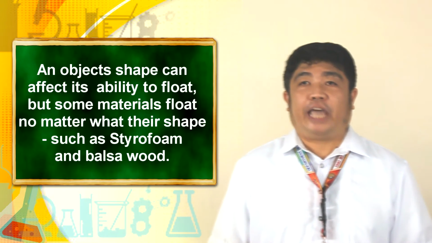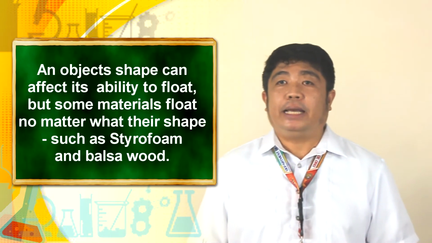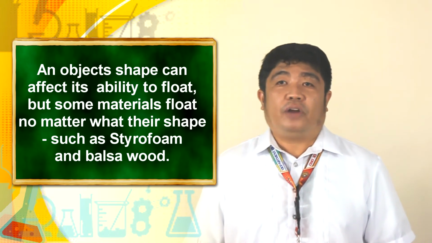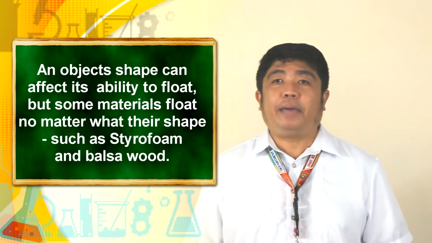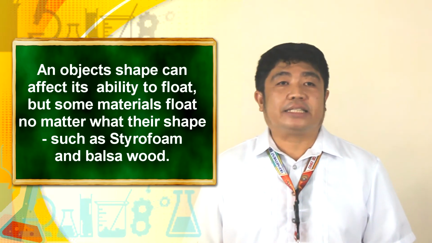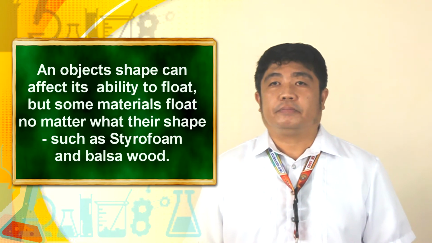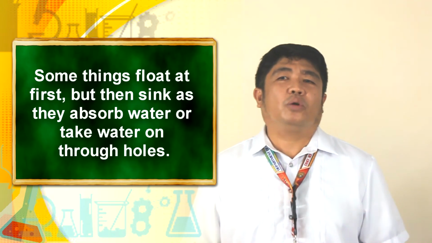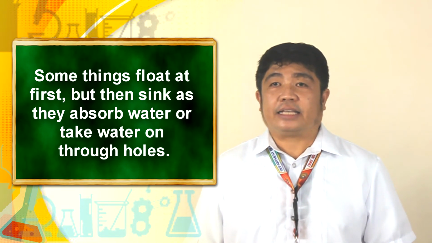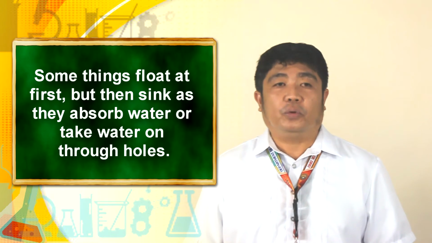An object's shape can affect its ability to float, but some materials float no matter what their shape is, such as styrofoam and balsa wood. Some things float at first, but then sink as they absorb water or take water on through holes.